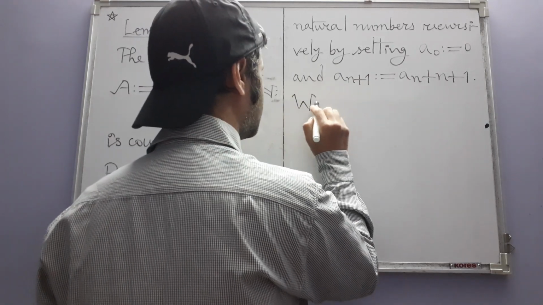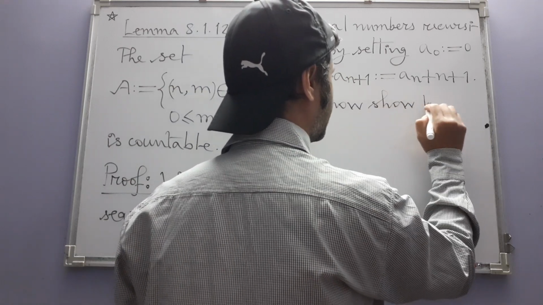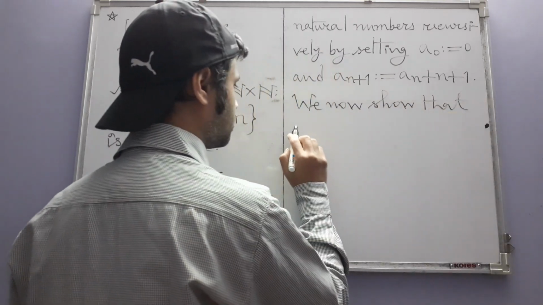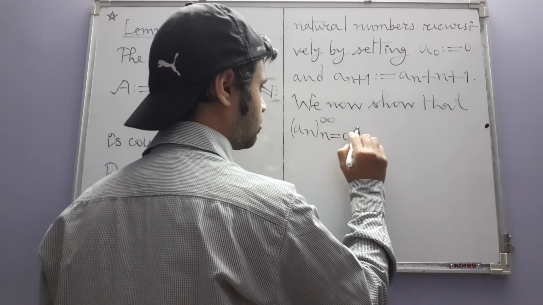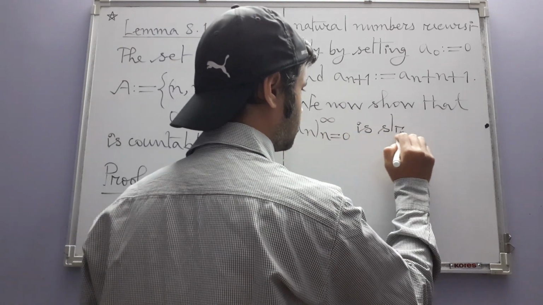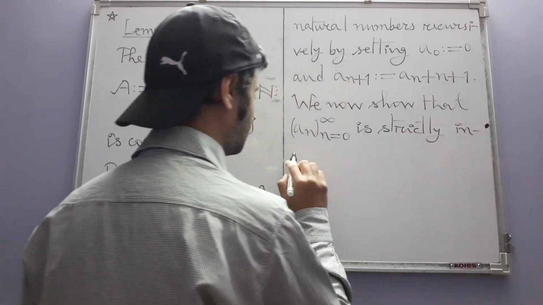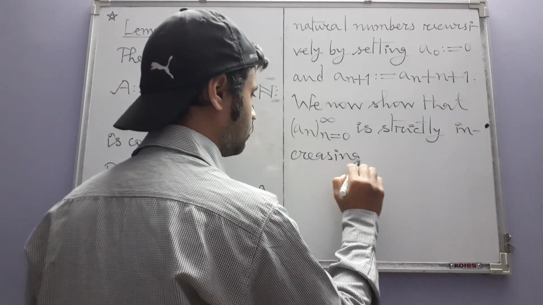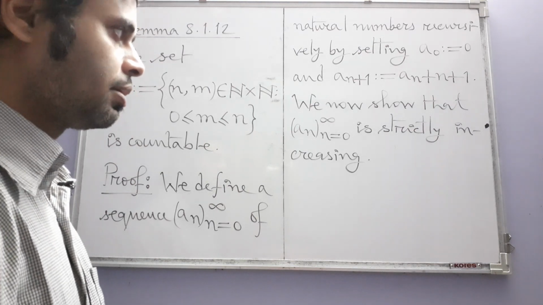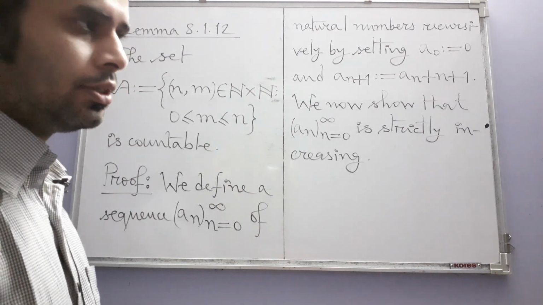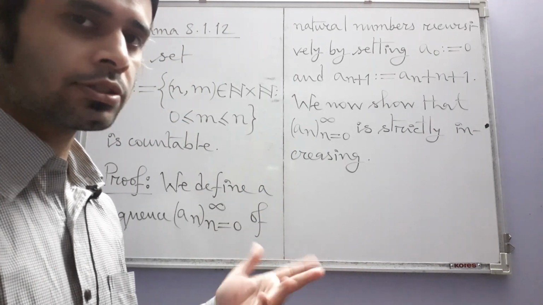We now show that a_n is strictly increasing. If you somehow suddenly think that any sequence of natural numbers is strictly increasing, that is not true. You can consider the constant sequence, all of those terms are 1, 1, 1, 1, and that is not strictly increasing.